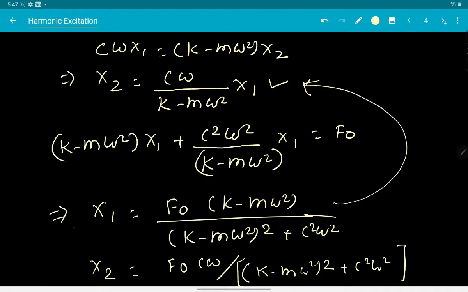Okay, so this is the expression of x1 and this is the expression of x2. So we have expressions of x1 and x2 with us, and hence we can construct xp, which is the particular integral.